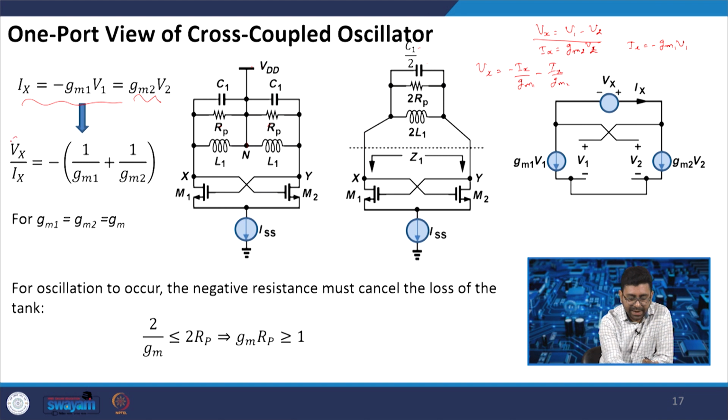We will get Vx by Ix equal to minus 1 by Gm1 plus 1 by Gm2. So, the total is minus 2 by Gm.